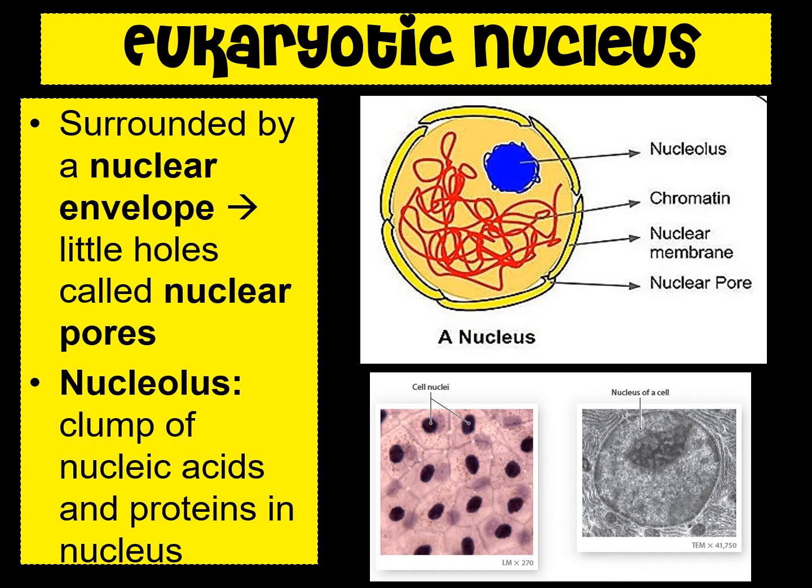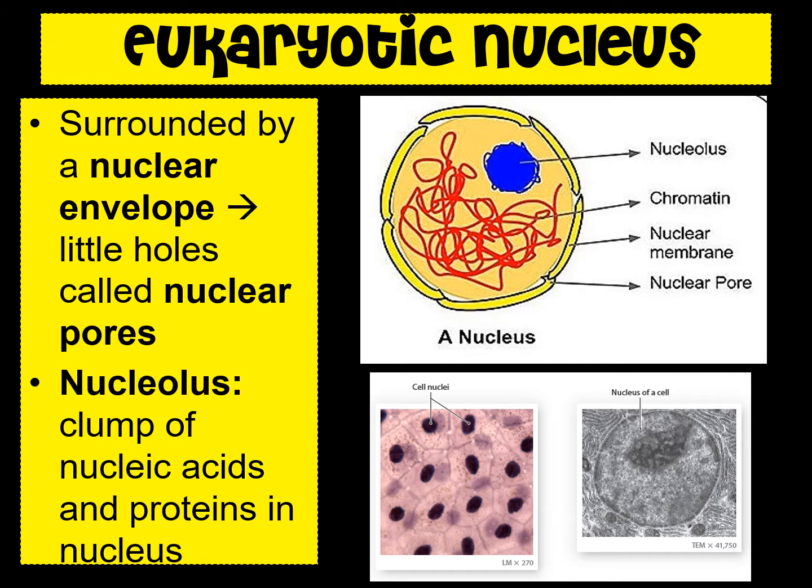Now, the eukaryotic nucleus has its own structure. If you just take a look at the picture here, you can see that inside the nucleus, you definitely have the genetic material of the cell. There are also some other parts. The nucleus is surrounded by what's called a nuclear envelope, and inside that envelope, there are little holes that are called nuclear pores.